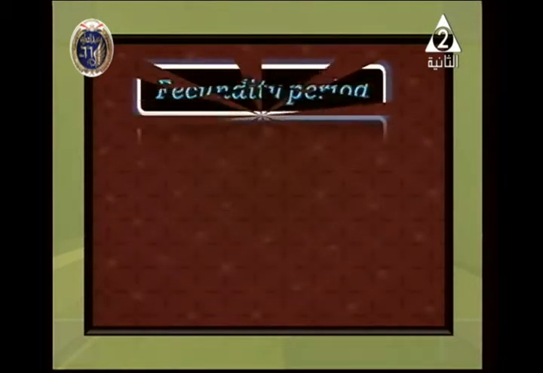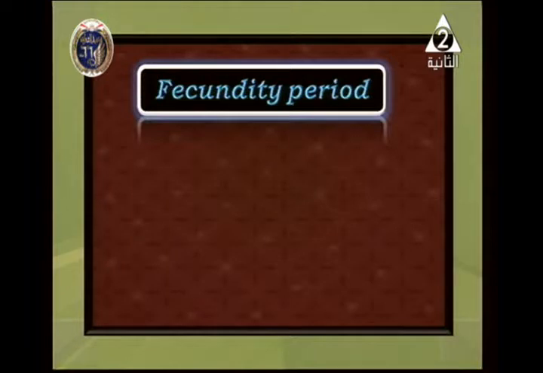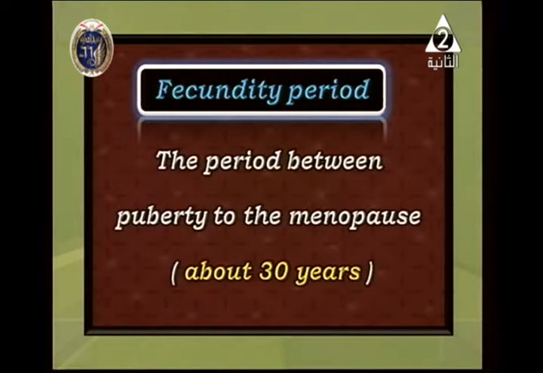After that, we have the fecundity period. Fecundity period is the period between puberty and menopause, about 30 years. And I'm going to give you some information about menopause. It is the age at which the female cannot produce any more ova.